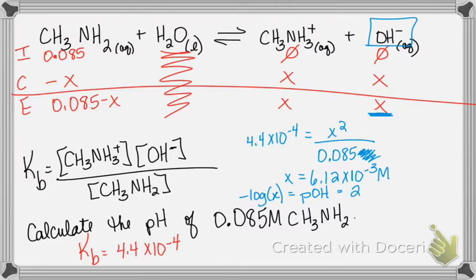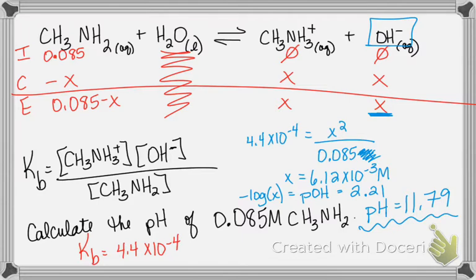The pOH is 2.21. What did I ask for? I asked for the pH. How do you go from the pOH to the pH? You can say 14 minus 2.21, and that gives you a pH of 11.79.